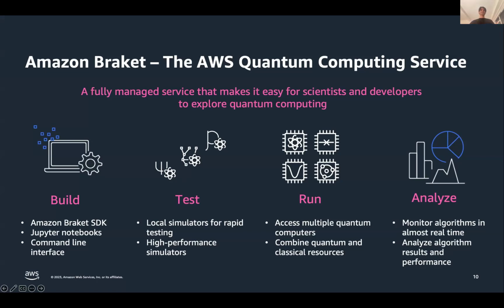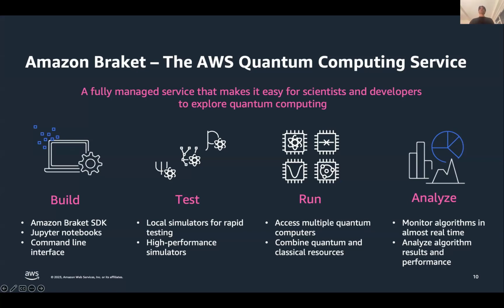This fully managed service is meant to make it easy for users and scientists to explore quantum computing. There are 4 stages. First, you can build your programs using the Amazon Braket SDK, Jupyter Notebooks, or the command line interface, and I'll be showing you how to do that using Jupyter Notebooks.